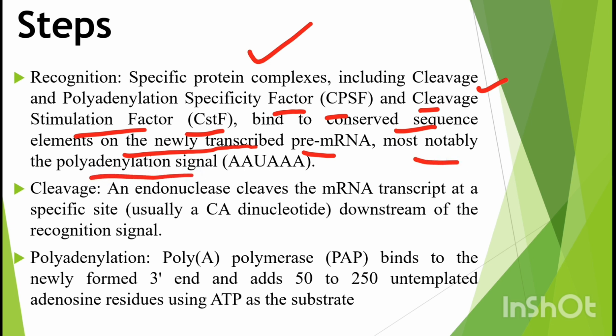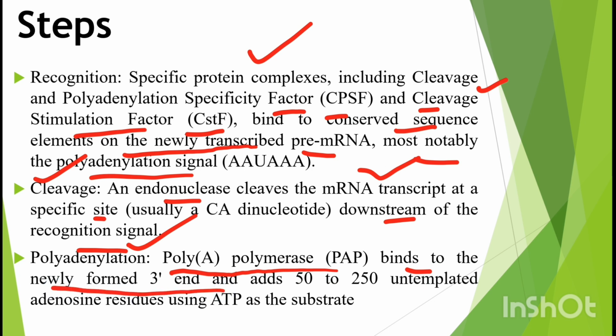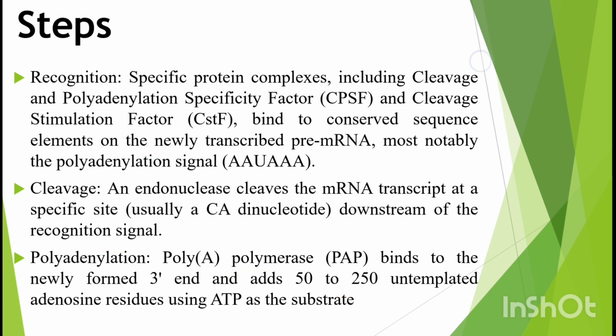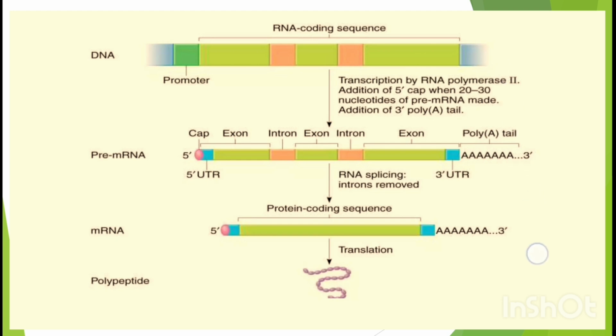Then cleavage: an endonuclease cleaves the mRNA transcript at a specific site downstream of the recognition signal. Next, polyadenylation: poly A polymerase binds to the newly formed 3' end and adds 50 to 250 untemplated adenosine residues using ATP as substrate. So finally, a poly A tail is attached at the 3' end. This is the diagrammatic representation of how the poly A tail is attached to the 3' end.